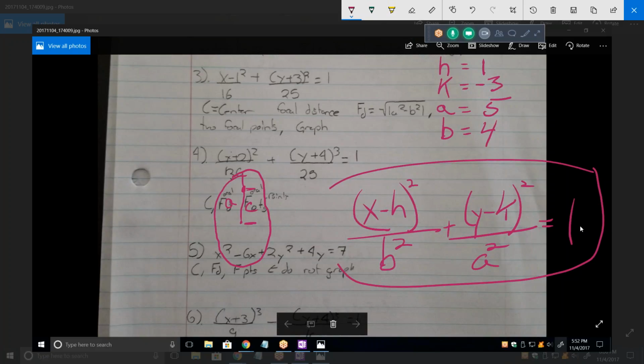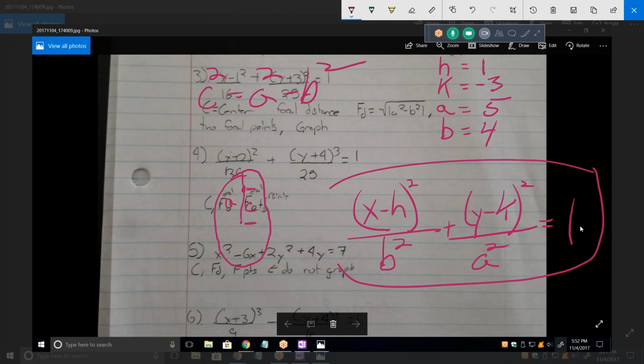And C is related to A by C squared equals A squared minus B squared. That's just the standard way that the focal length is related to these major and minor radiuses.